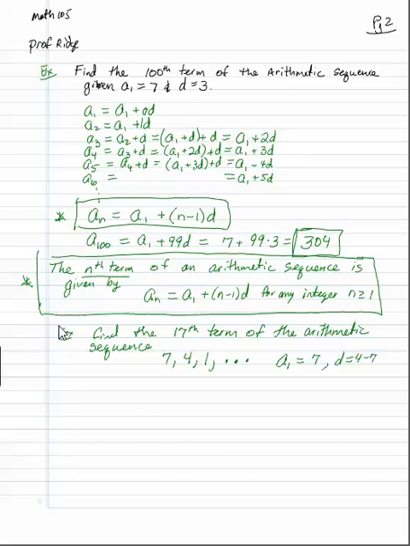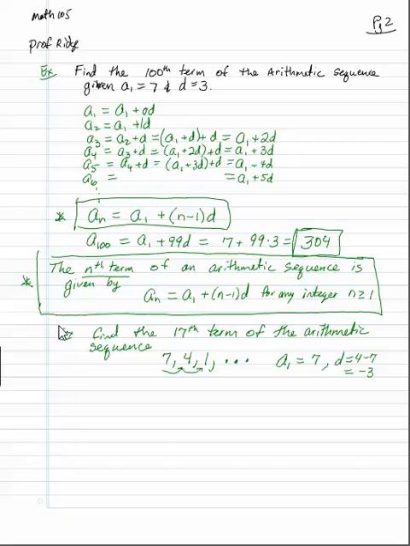Now remember, you have to do a2 minus a1 or a3 minus a2, either one. And that gets us negative 3. You have to do it in the right order so you don't get the sign wrong. And you can see if you subtract 3 from 4, you get 1. So our common difference is negative 3 because we're going to subtract 3, not add 3.